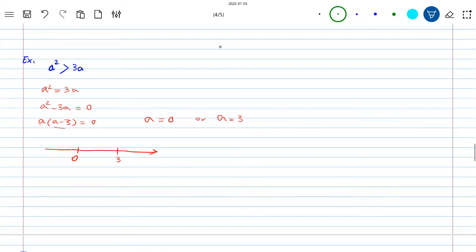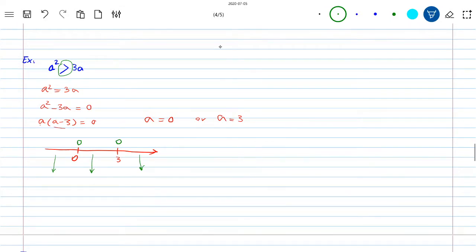I recommend drawing an arrow just to show that the test points are not useful at the end. They're just to show you which sections are correct, so you don't mix them up with the real solutions 0 and 3. Are 0 and 3 part of the solution? Not really, because you have the strict inequality. That means at 0 I should put an open circle, and at 3 an open circle. That means these are not acceptable.